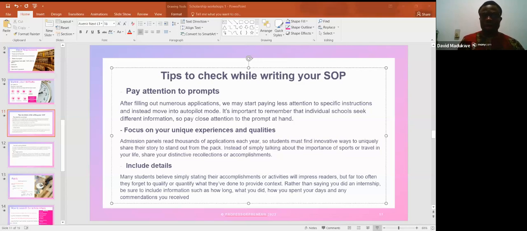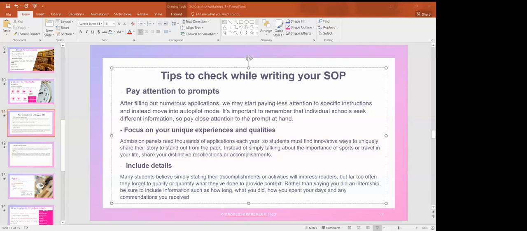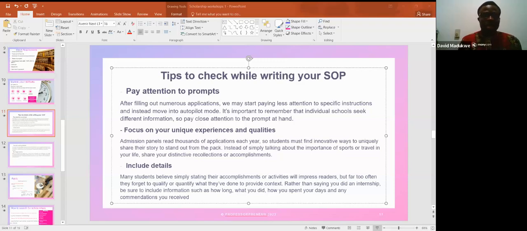Okay, I don't know if anyone can see my slide or my screen. Please, can someone confirm? Yes, I can see it. Okay, thank you very much.